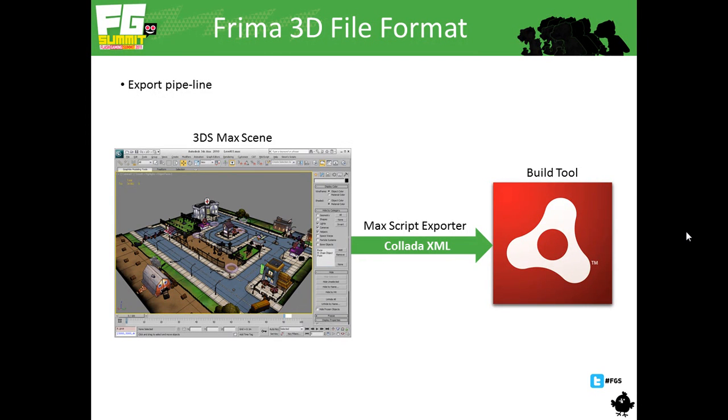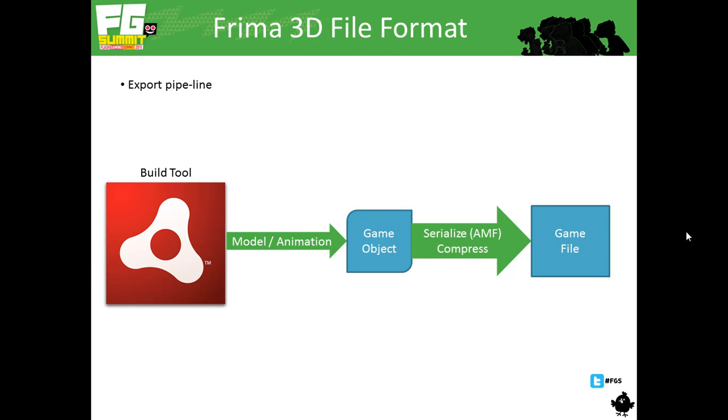Then we load that into our AIR tool, which parses all the Collada XML files and fills the final game objects that are going to be used in the game. Then, with the same AIR tool, we serialize using native serialization, so with AMF, and then we compress using native compression with the ByteArray, and that gives us the game file. So it's a pretty much what-you-see-is-what-you-get pipeline. That is how we generate the game file.